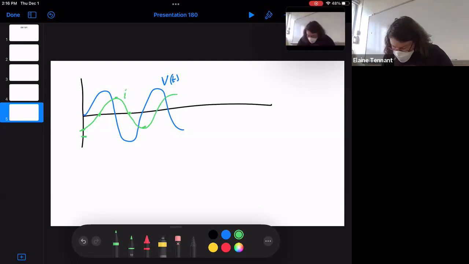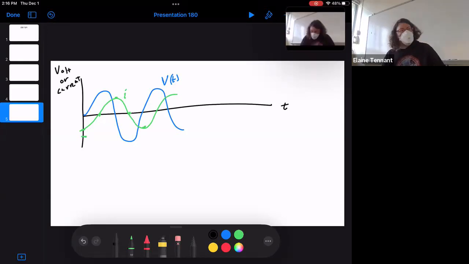Okay, so that's my current. And this is time, and this is either voltage or current. Kind of a weird graph because I'm putting my currents and my voltages on the same axis, but I'm just trying to compare their patterns, not their magnitudes.